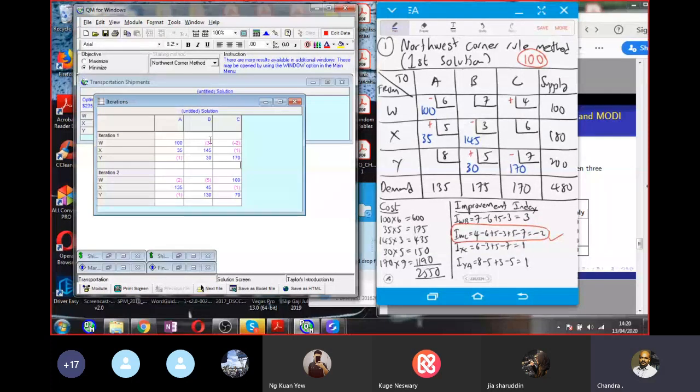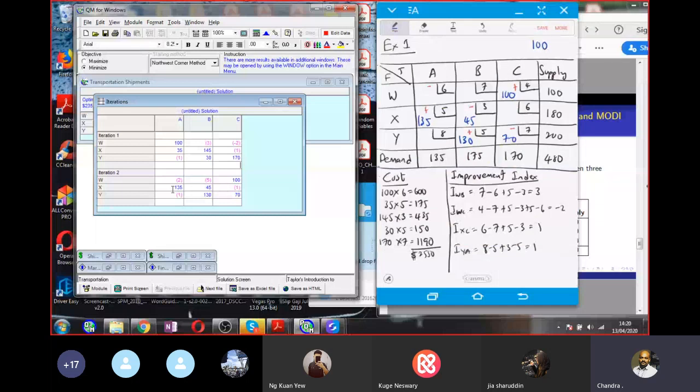Let's see, I have the second or not. This is the second. You see 1, 2, 5, 1, 3, 5, 45, 1, 3, 0, 100 and 70. All numbers are here. Here, when I did the improvement index, I didn't take the snapshot.